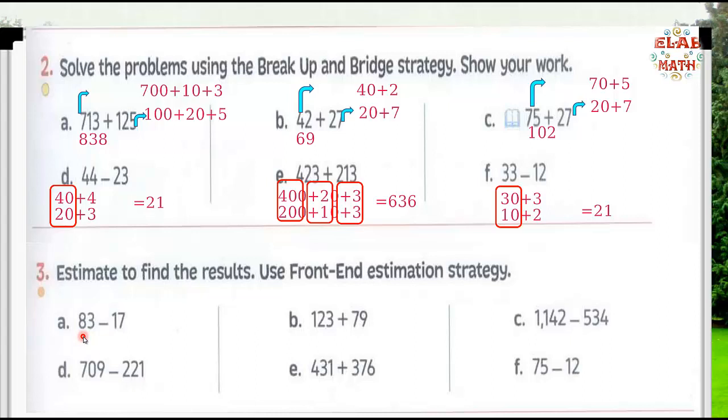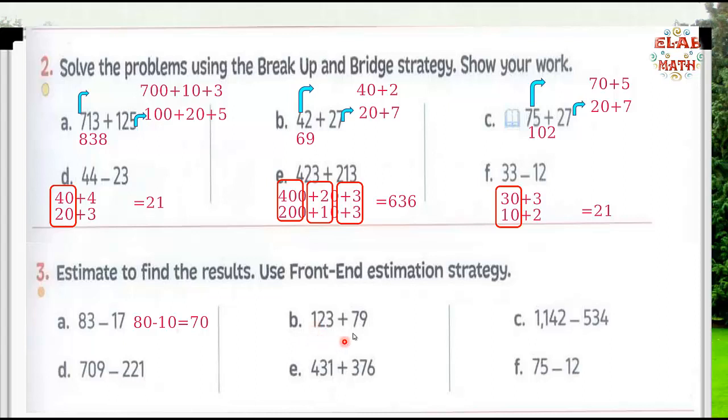To estimate this number using front-end estimation, you can write 80. 17, we write 1 and 0, 10. 80 minus, because I have here subtraction sign, we can say 80 minus 10 equals 70. We get the difference using the front-end estimation strategy.